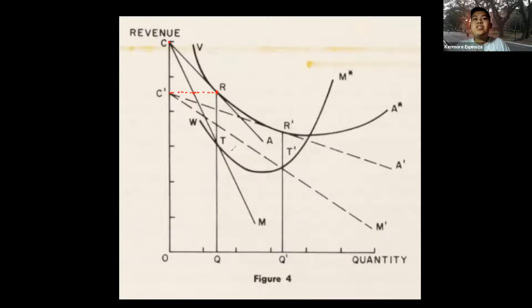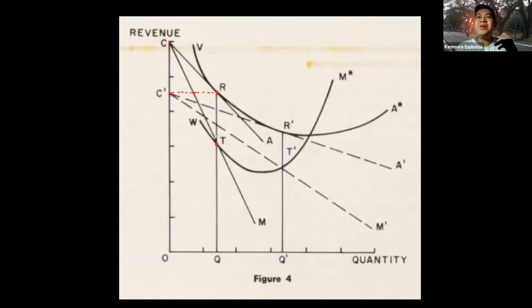Once you have drawn the M, the first point that intersects is point R. The quantity corresponding to point R, where your M straight line intersects, would be the first point of your marginal curve.